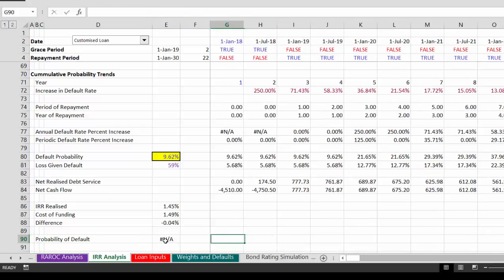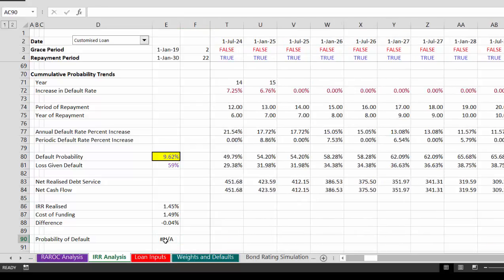I'm not sure why this didn't work, but let's go to year 22, or period 22 rather.